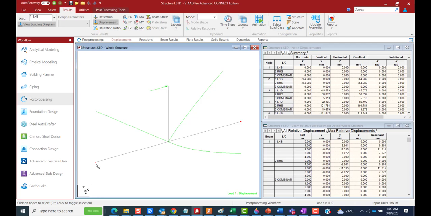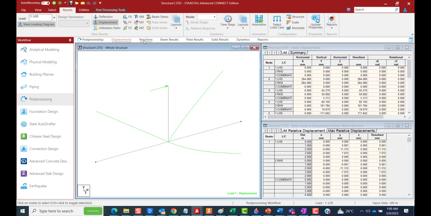That means the support can hold only compression, so it won't restrict any kind of tension. But the moment it experiences compression, it will give resistance. So here you can see this portion is freely moving upward, and this portion is getting some resistance. That's the reason you can see some kind of bending action here.